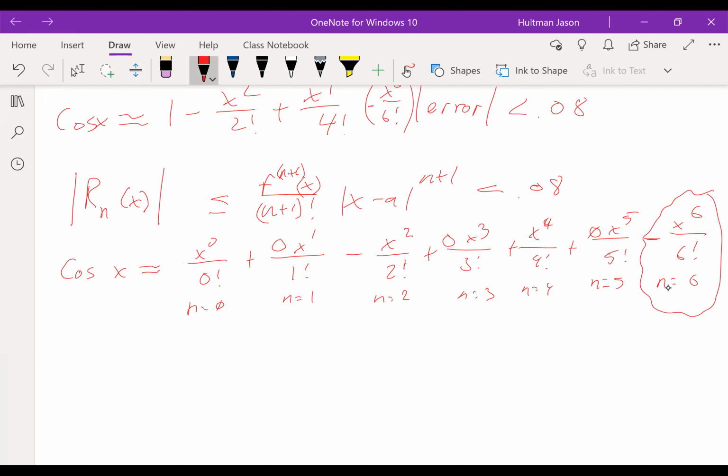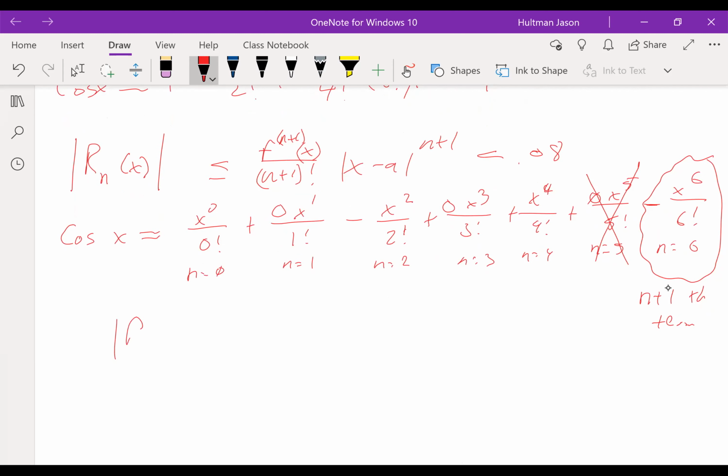We do not want to use n equals 5 because it has a 0 as the derivative. So this 6 here is going to be our n plus 1th term, which means our nth term for our remainder has to be 5.